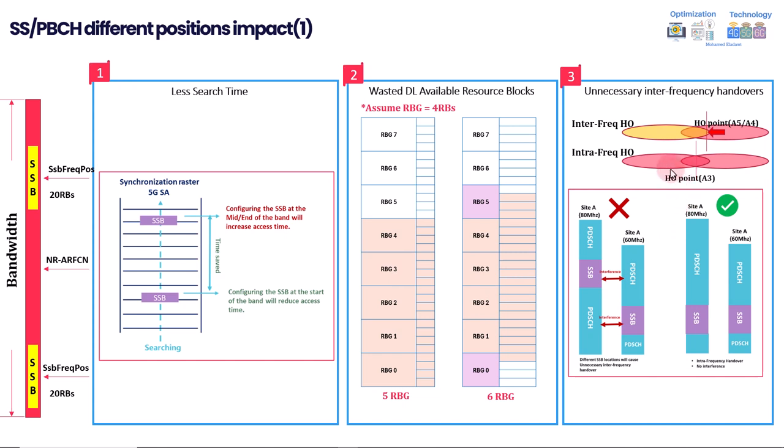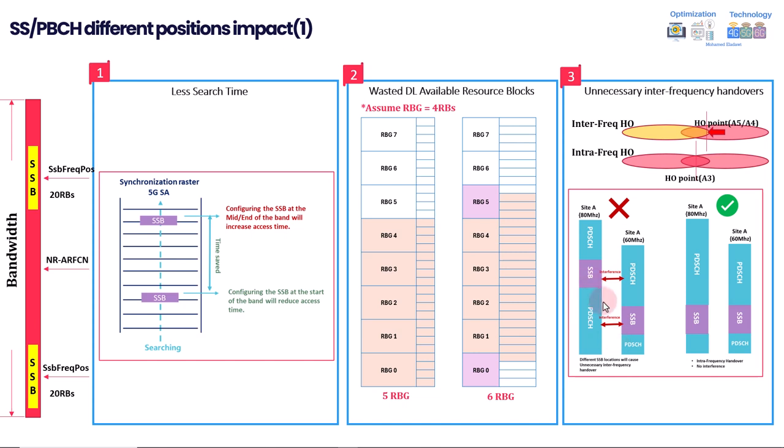The next part is about, for example, assuming that you have 2 frequency bands, the same band, which is N78, for site A, and N78 for another site, site B. Both sites operate with exactly the same spectrum, especially the first 60 megahertz, but one is 80 megahertz and one is 60 megahertz.